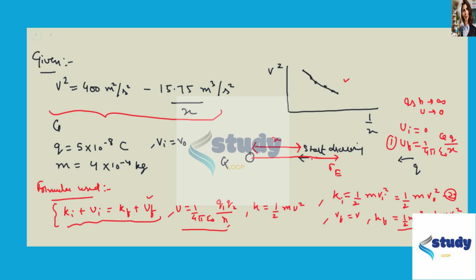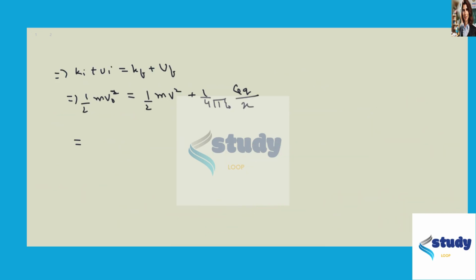Now looking at this equation, we can simplify it. Taking these terms away and taking this term to the left hand side, this becomes v naught squared minus 2k, where k is equal to 1 by 4 pi epsilon naught, Q q over m times 1 by x.